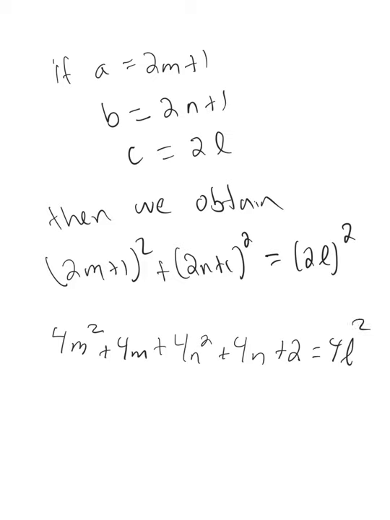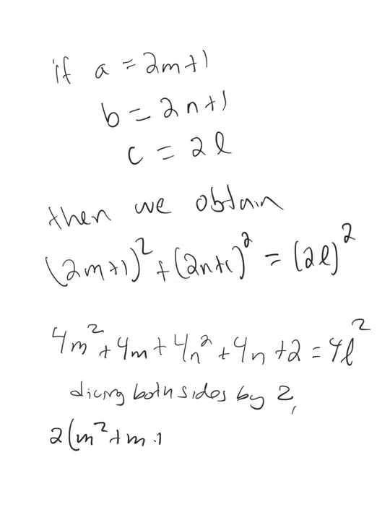Of course, I can divide both sides by 2. We end up with 2 times the quantity m squared plus m plus n squared plus n, plus 1 equals 2L squared.